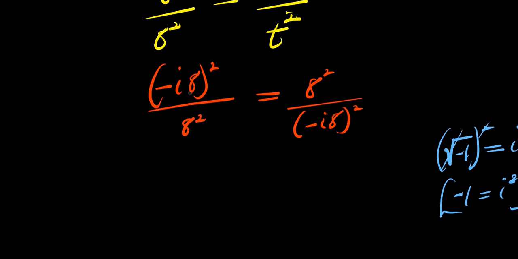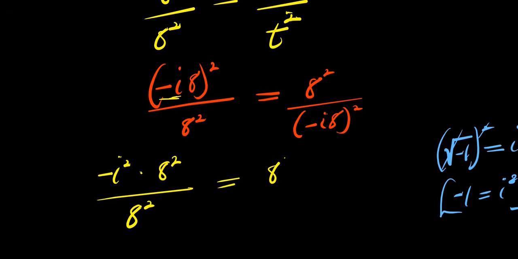So from here, if you have negative I raised to the power of 2, let me make it like this. You have negative I power 2 times 8 power 2 divided by 8 power 2 equals 8 power 2 divided by negative I power 2 times 8.